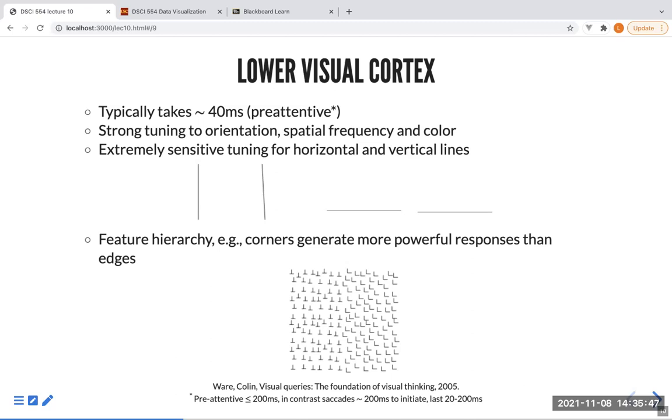So this is very fast. Typically, it's 40 milliseconds, and therefore it's pre-attentive. All the pre-attentive features are part of this, and some of them are listed there.